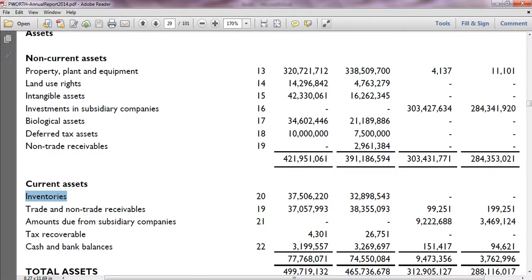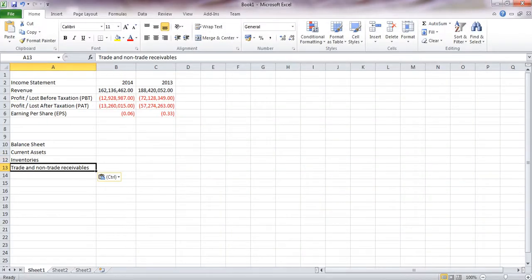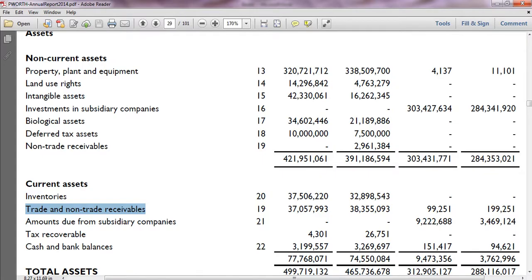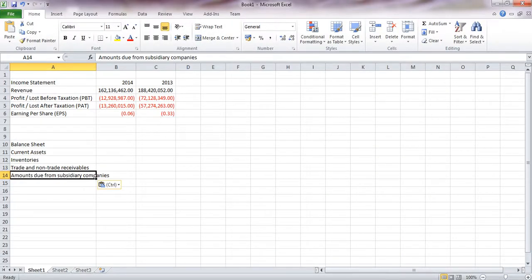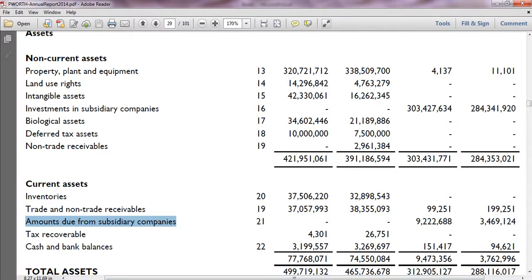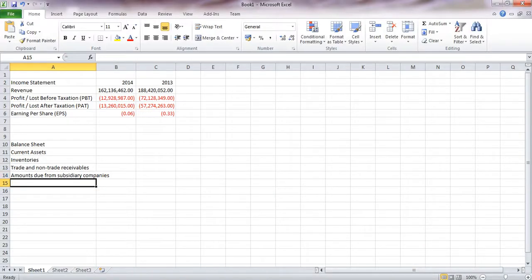Basically I just copy and paste only. There are several things you need to take note of over here, which are the inventory and trade receivables.